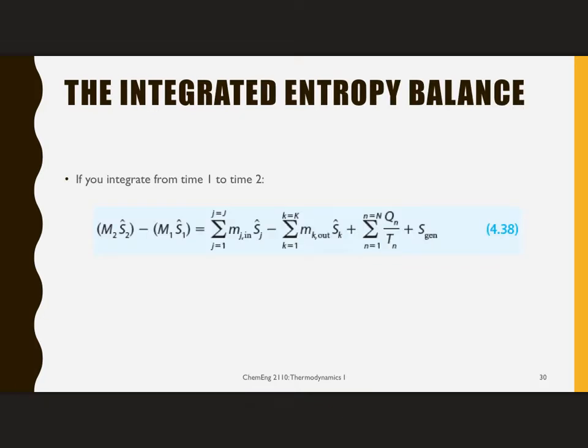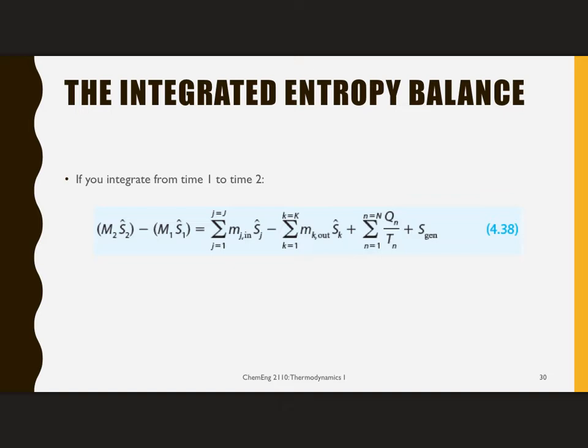If we integrate that equation from time 1 to time 2, then we get a term not in terms of rates, but in terms of the mass at the end of the process times the entropy at the end, minus the mass at the beginning of the process times the specific entropy at the beginning, is equal to the sum of all of the accumulated mass that came in times those specific entropies, minus the sum of all the accumulated mass that left times that specific entropy, plus all of the heat transfer divided by the temperature those occurred at.